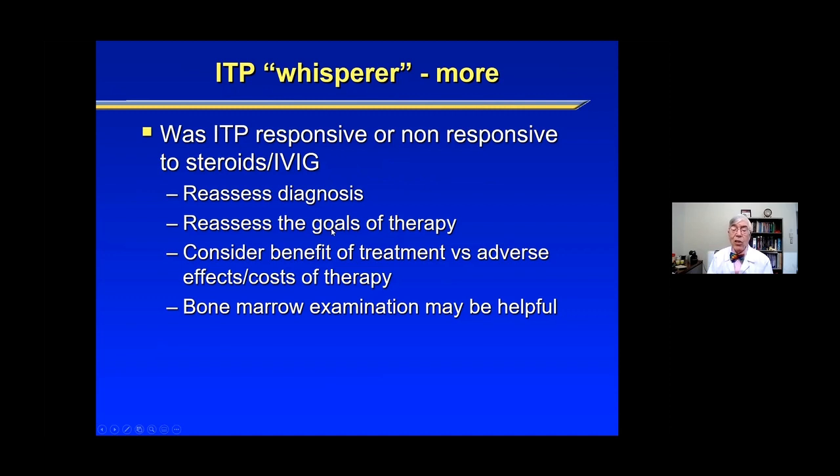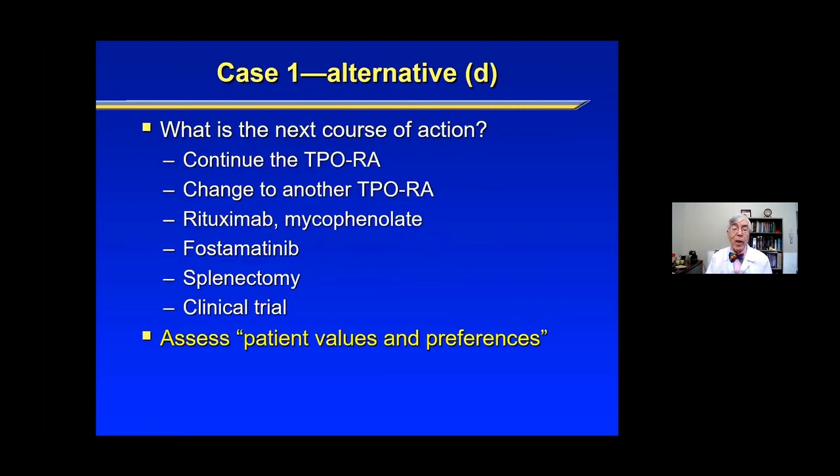You've got to reassess the goals of therapy. You've got to consider the benefit of treatment versus the adverse events of the therapy and the costs. And here's where a bone marrow examination may be helpful in a patient who's now non-responsive to 2 therapies, steroids and a TPO-RA. So coming back to her, the question is, what's the next course of action?